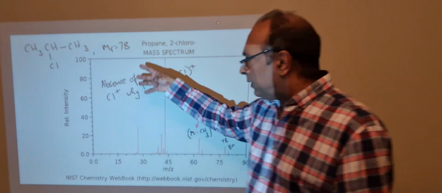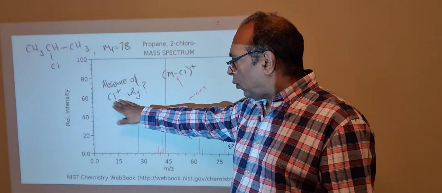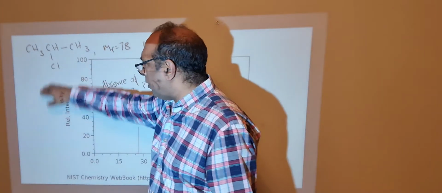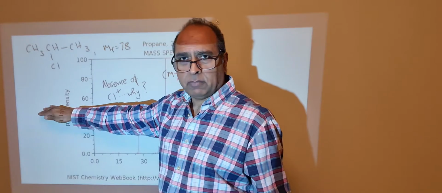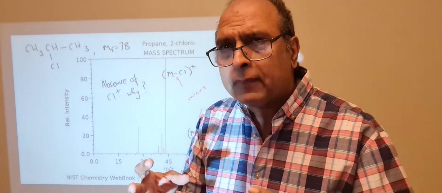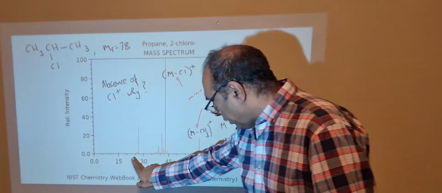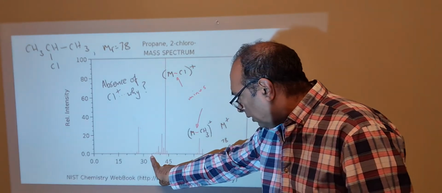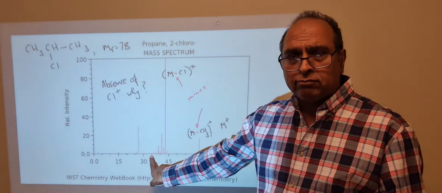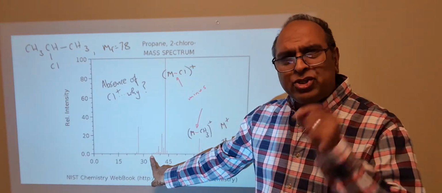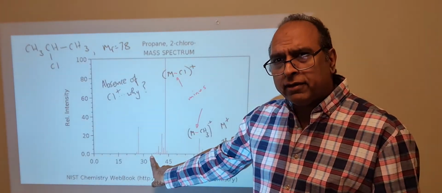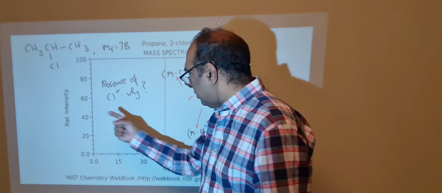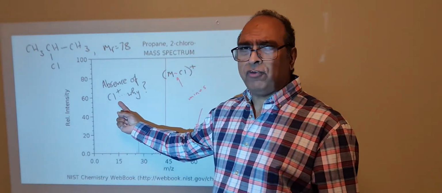Let's try and deal with, if chlorine breaks off, where would you see it? Well, you'd see it at 35. 35 is there. No peak at all. Why don't you see chlorine 35? Well, because that doesn't form.